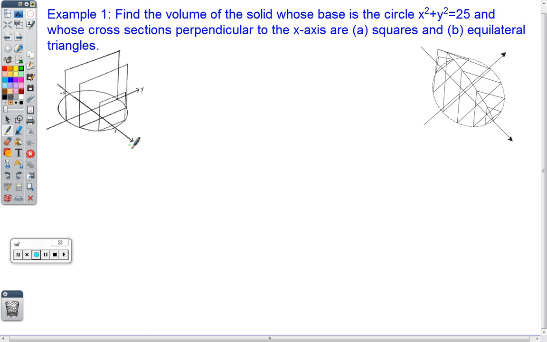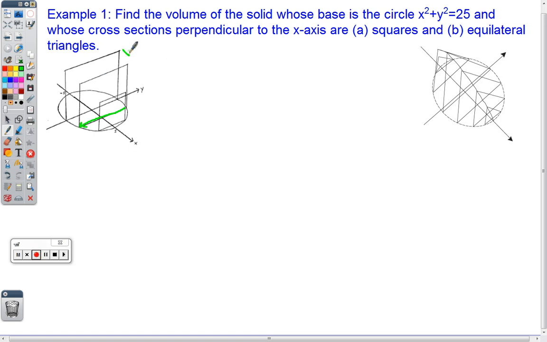These are perpendicular to the x-axis, so we're going from top to bottom. Working along one of these sides to figure out what one side length is going to be, going from here to here, top to bottom is in x. Anytime you're working perpendicular to the x-axis, we're going to be integrating in x.